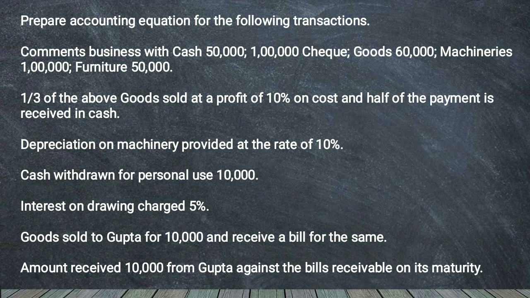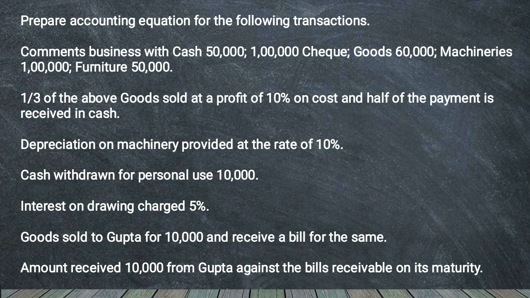Then in the second transaction, we have sold 1/3 goods at a profit of 10%, and the value of goods given in the first transaction is 60,000. Here we have sold 1/3 of that, that is 20,000 rupees, at a profit of 10%, and 10% of 20,000 will be 2,000.